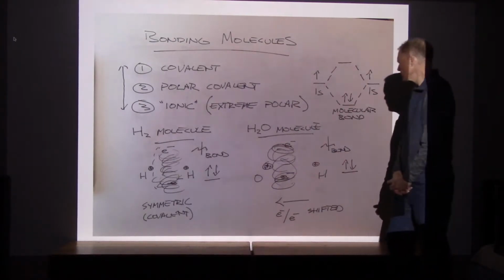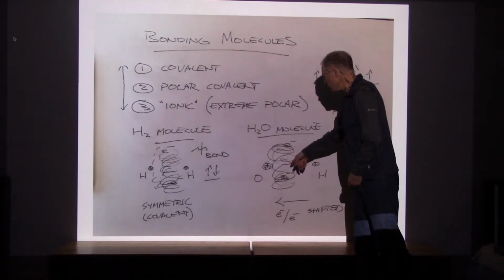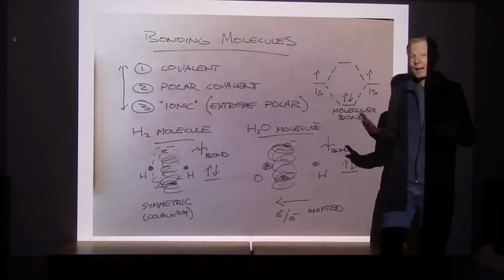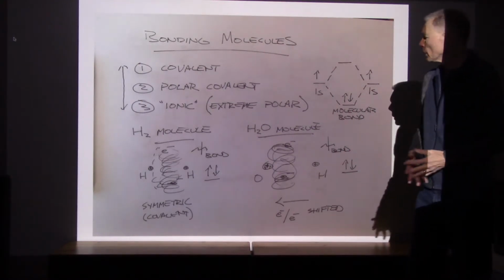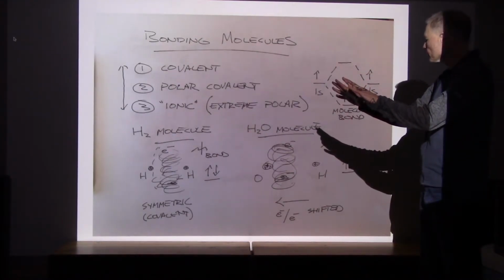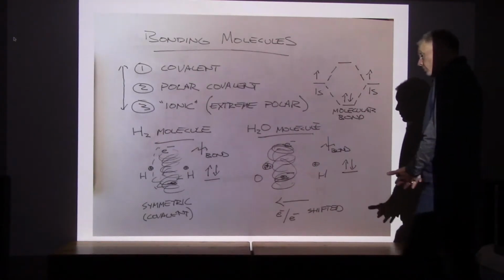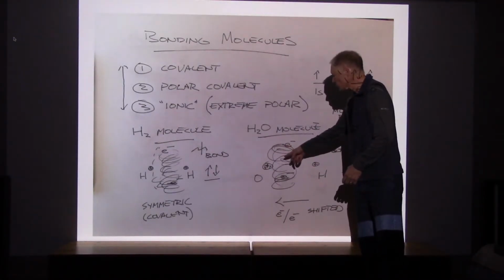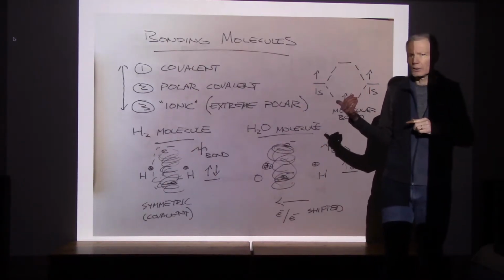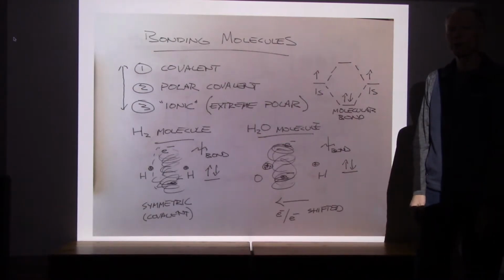oxygen nucleus. But what happens in this case is, because of the wave pattern of the electrons, that molecular orbital that forms is going to be shifted towards the oxygen. This is a result of the wave functions meeting the boundary conditions for the Schrödinger equation that we looked at in chapter 39.